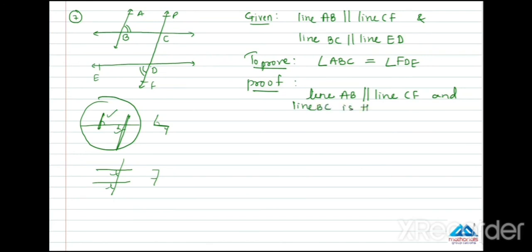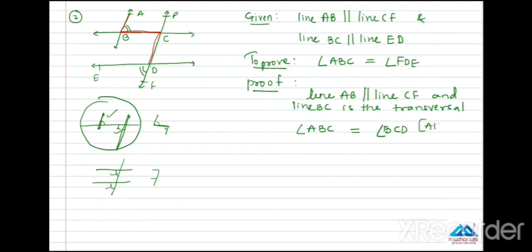So angle ABC, student, ABC and BCD is equals to each other, forming Z-shaped angle, alternate angle. So give the reason ABC is equals to angle BCD as alternate angle.